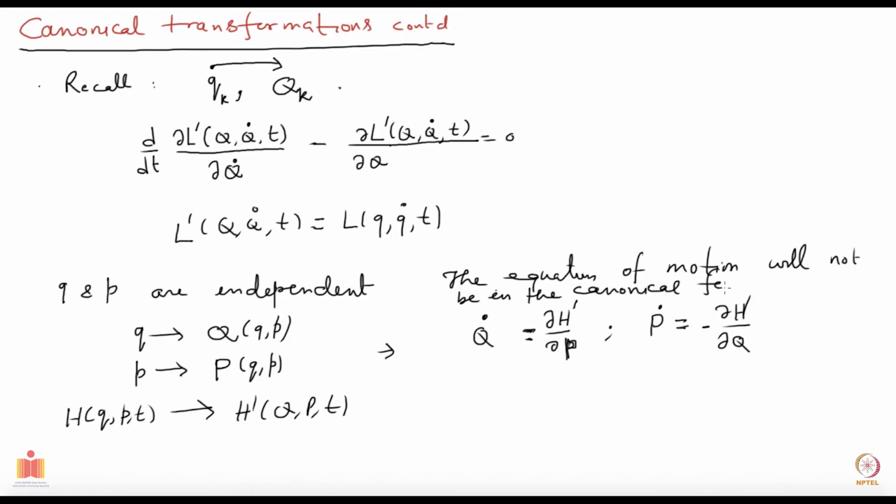These are the canonical equations of motion, and they will have some different form. As I said, I'm interested in those transformations for which the equations of motion will still look like the same canonical equations. Let me give you one trivial case first.